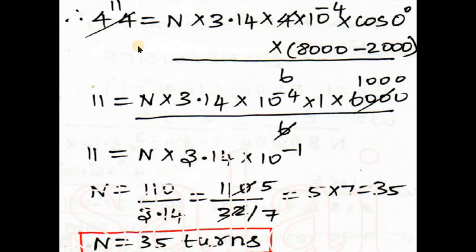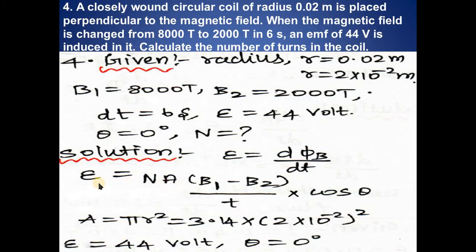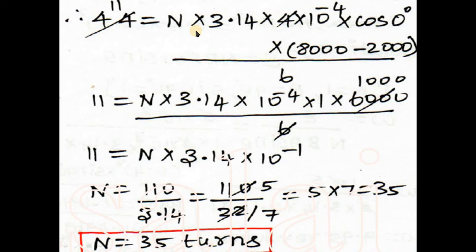Substituting these values into the equation, we obtain 44 is equal to the number of turns, which is the question mark, into area 3.14 into 4 into 10 power minus 4, into B1 value 8000 minus 2000, divided by time 6 second, into cos 0 degree, and cos 0 degree is 1. Now 44 is equal to n into 3.14 into 4 into 10 power minus 4 into cos 0 degree into 8000 minus 2000 divided by 6.